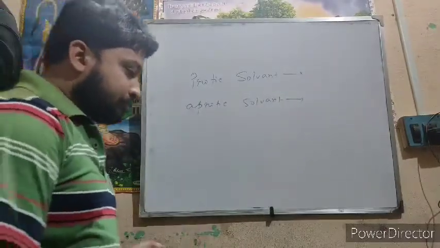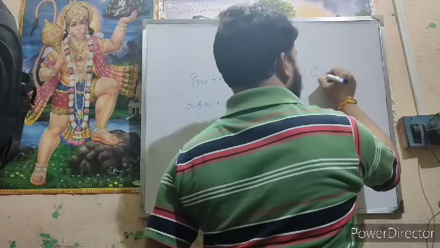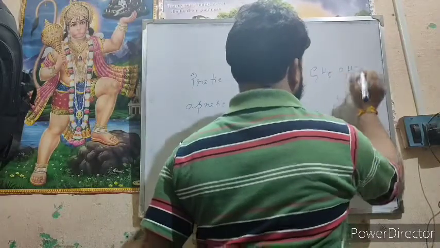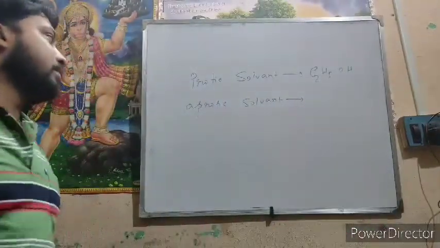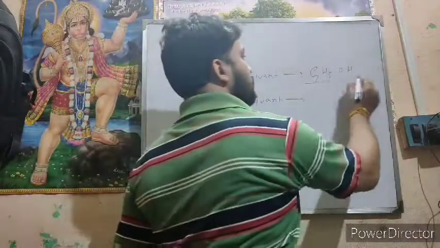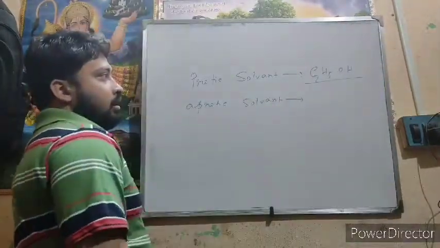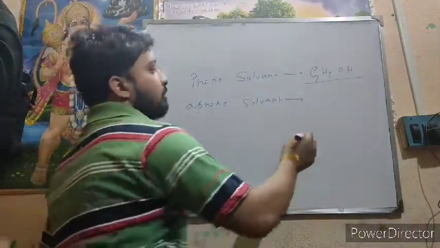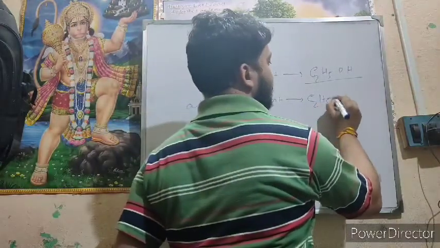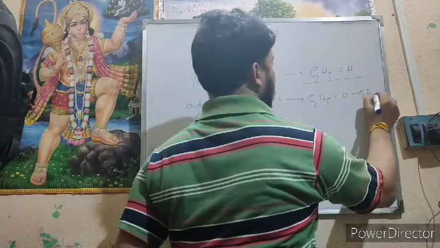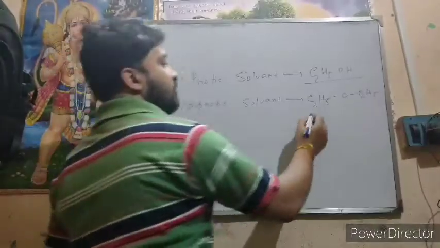Protic solvent means ethanol. This is a protic solvent. And aprotic solvent means, as we saw, it can form hydrogen bonding, but diethyl ether cannot form hydrogen bonding.